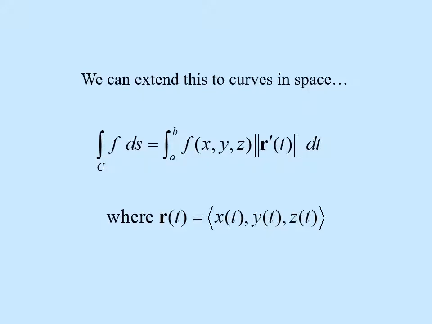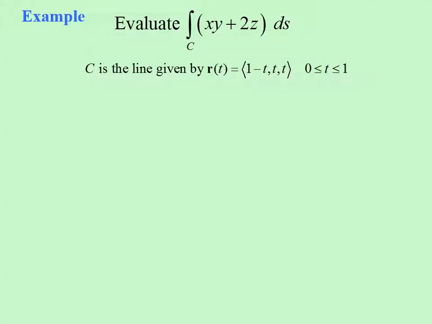Now that same formula holds true even when we move to 3 dimensions. Here we're integrating the function xy plus 2z over the curve described as 1 minus t, comma t, comma t. So three-dimensional curve.